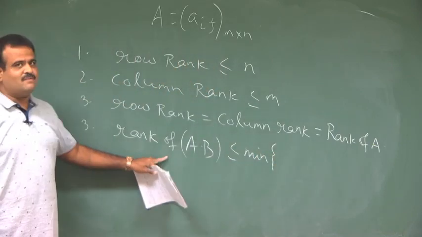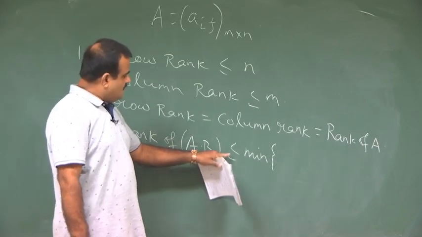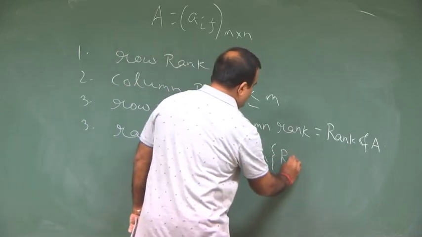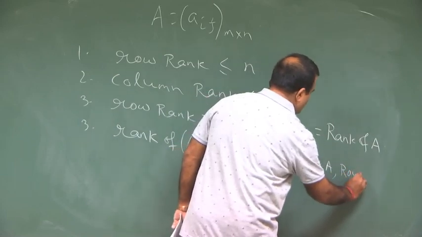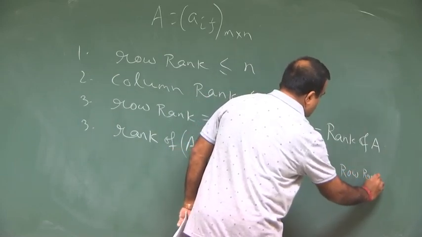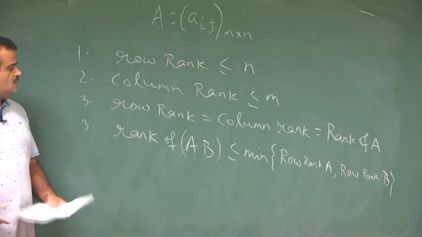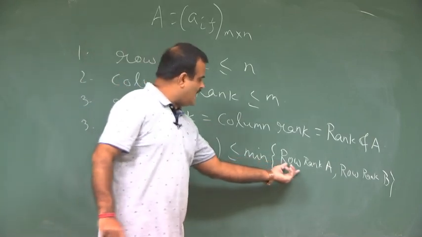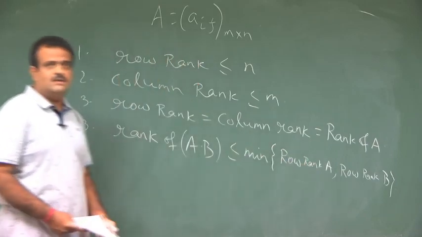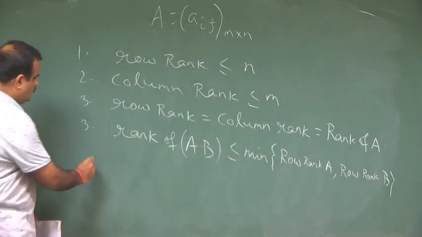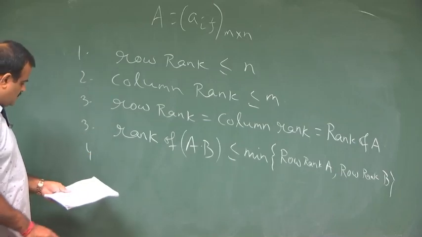Actually, the rank of AB is the same as the row rank of AB, and the row rank of AB can be shown to be less than or equal to the minimum of the row rank of A, row rank of B, because this is just a linear combination of the rows. And row rank is the same as rank. So, that means this is less than or equal to the minimum of rank of A and rank of B. This we can prove, and we will give the proof in the lecture note.